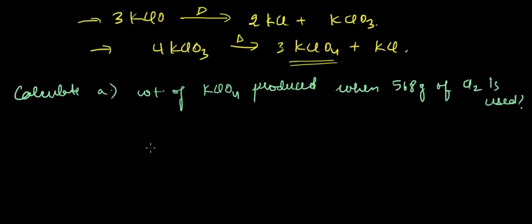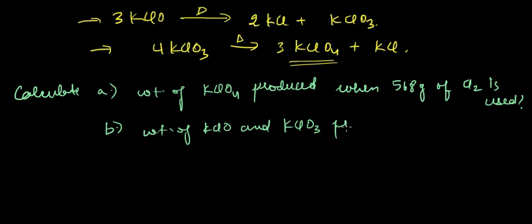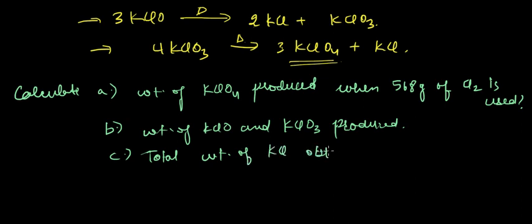B: the weights of KClO and KClO3 produced. And C: the total weight of KCl obtained during the reaction.